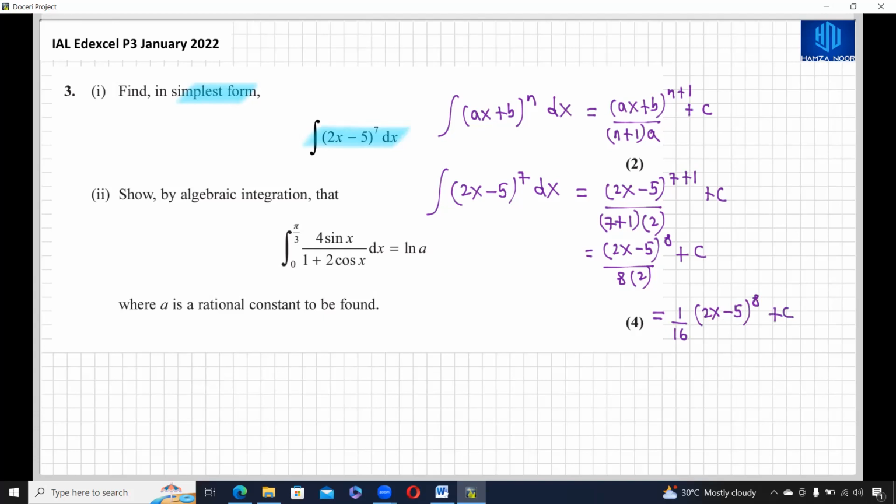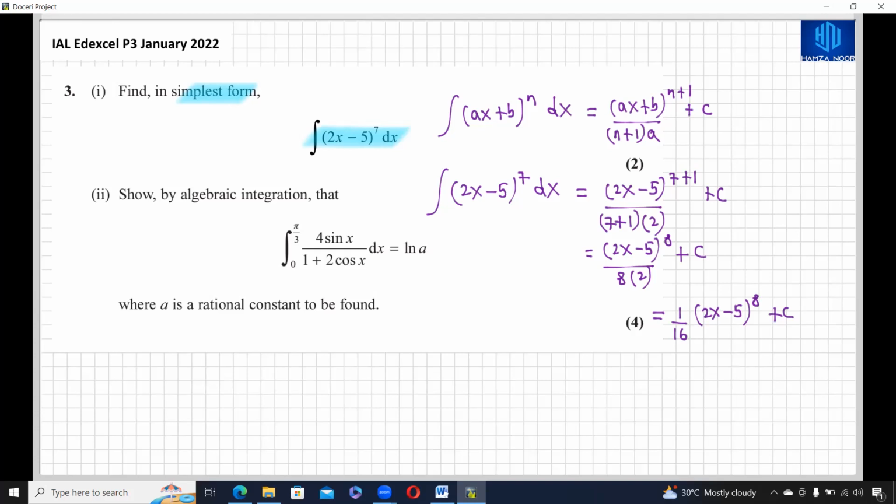Alternatively, since this is of the form f dash x multiplied by fx raised to the power n, meaning we need to use integration as the reverse chain rule method, you need to consider fx raised to the power n + 1. Since part 1 was just a 2-mark question, these simple steps are enough.